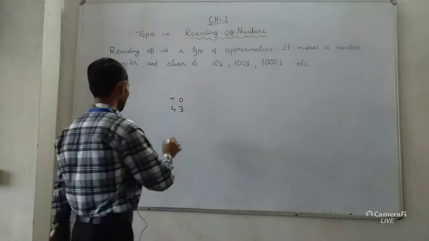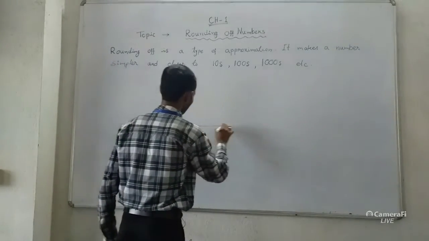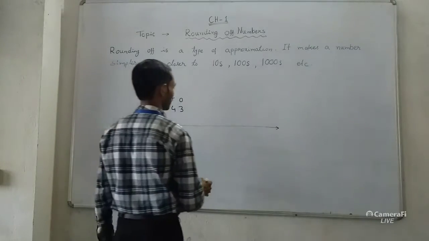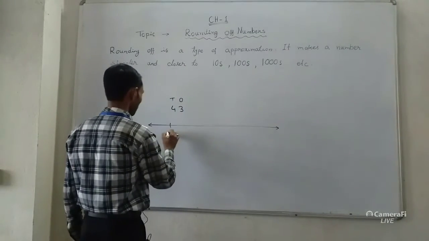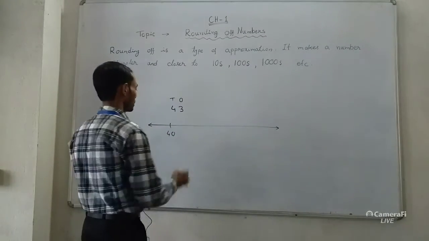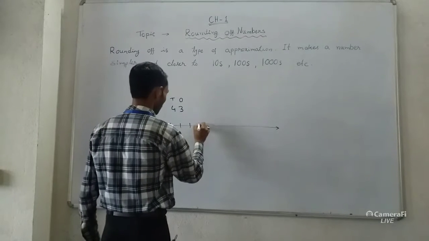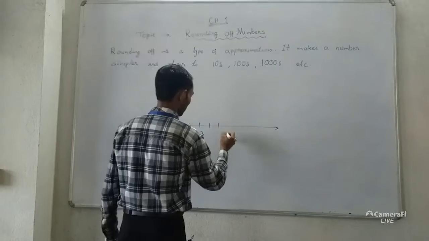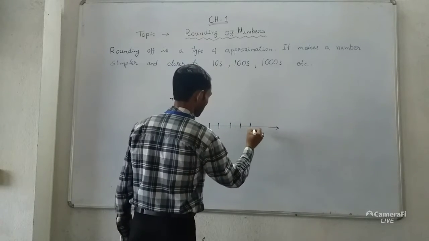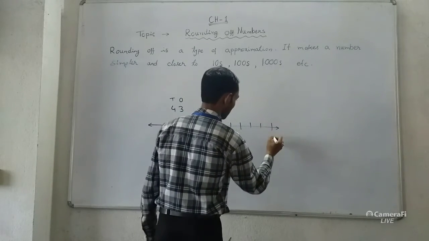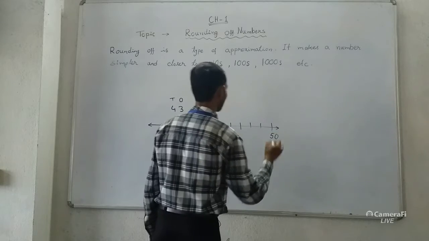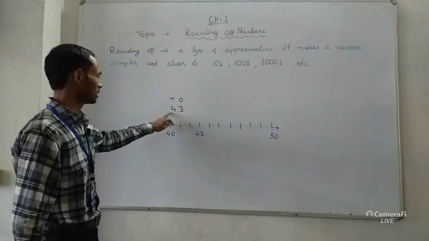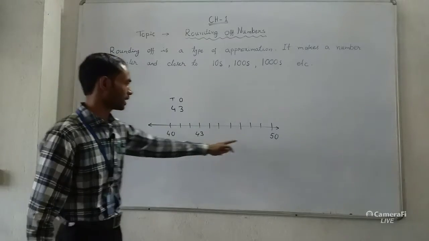Now if we make a number line, suppose this is 40, then 41, 42, 43, 44, 45, 46, 47, 48, 49, this is 50. Okay. So 43 lies between 40 and 50.